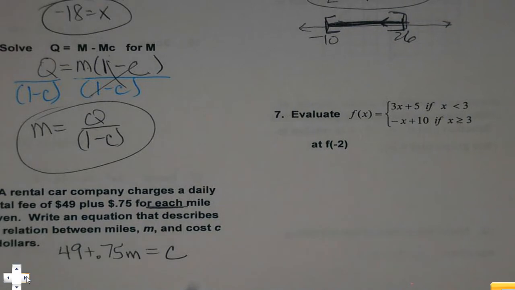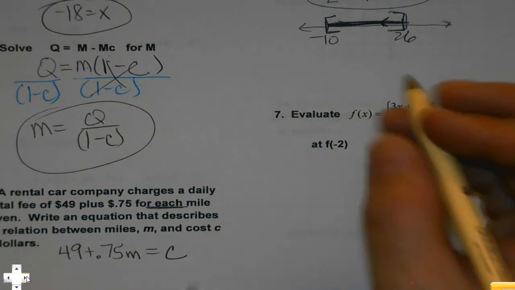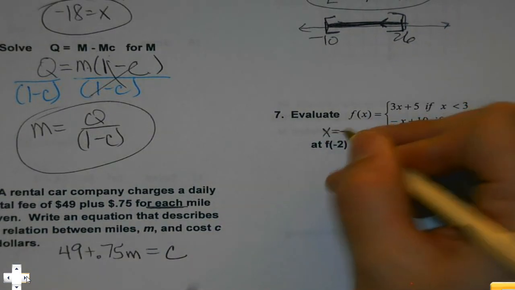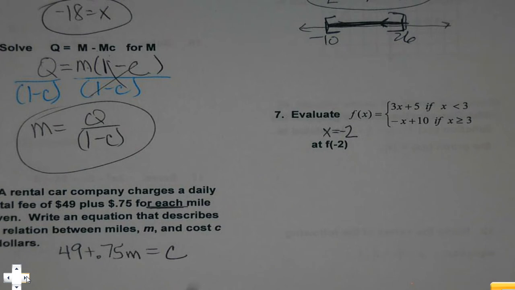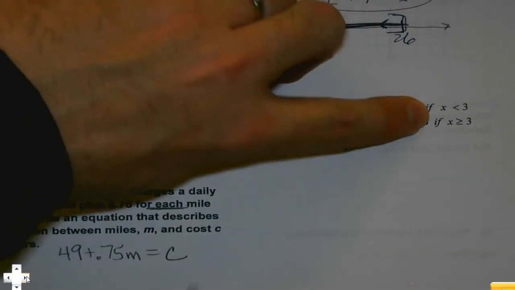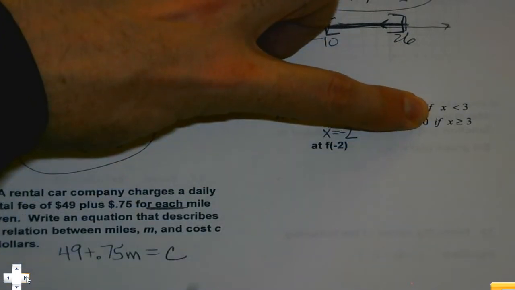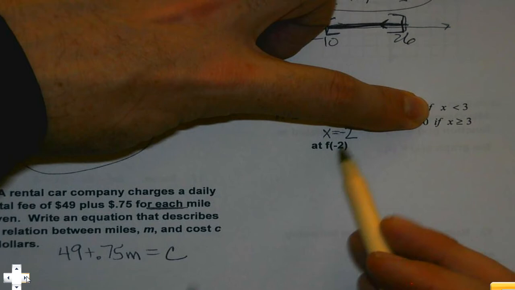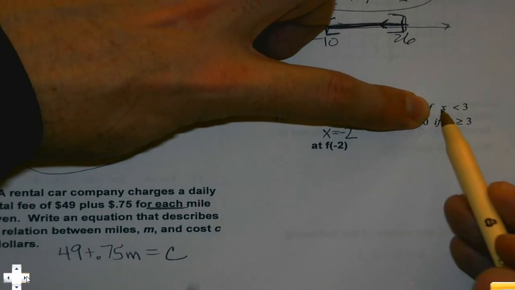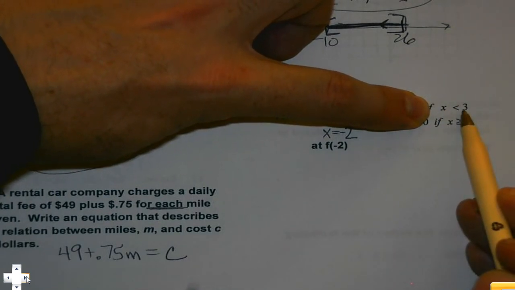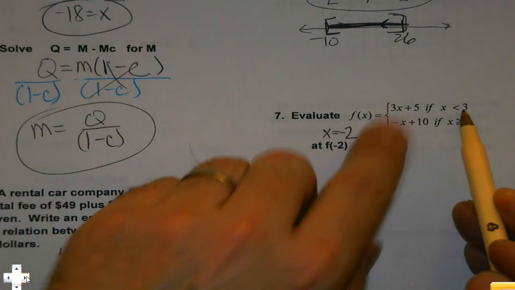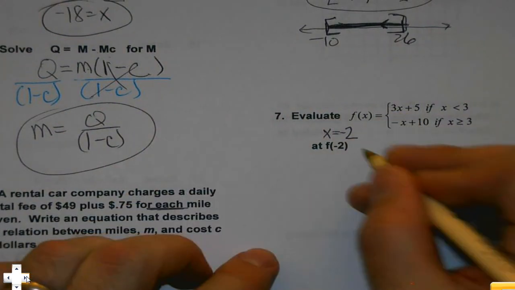Okay. Evaluate at f of -2. In other words, when x is -2, what's the value? Look at your 2 quantities over here. Which one would x equal -2 work for? Is -2 less than 3? Yes, it is. -2 is less than 3. So I'm going to plug it into this top one.